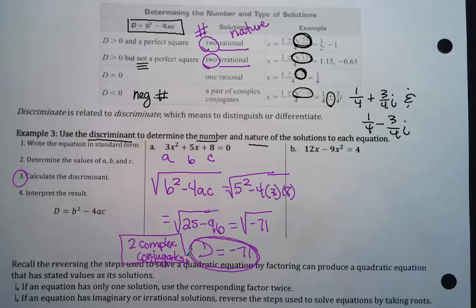All right, so let's look at B. If we go back to step 1, standard form, it's not there, so we've got to subtract 4 from both sides. We've got to put our x squared first: negative 9x squared plus 12x minus 4 equals 0.